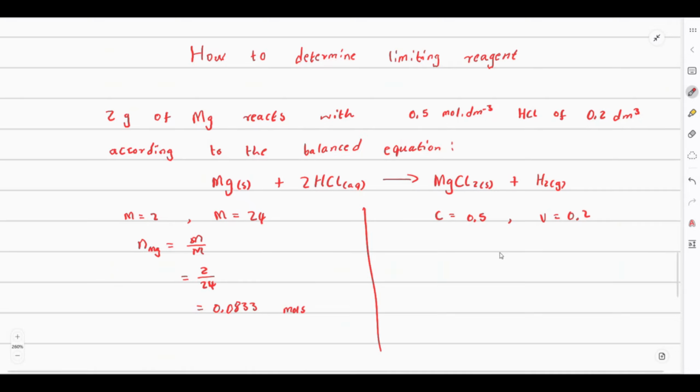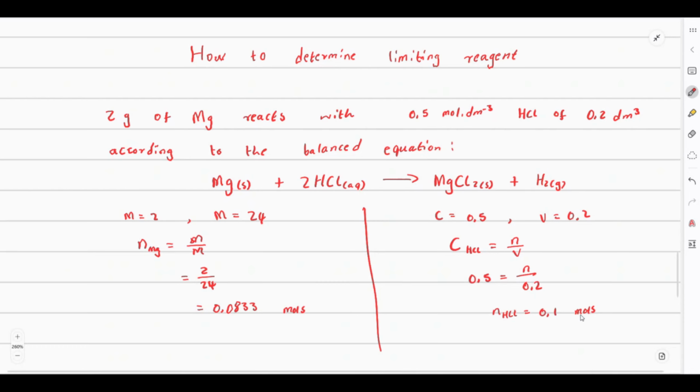I can find the number of moles using the formula: C of HCl is equal to n over V. My concentration is 0.5, my number of moles I don't know, and my volume is 0.2. So the number of moles of the HCl will be 0.5 multiplied by 0.2, which gives me 0.1 moles.